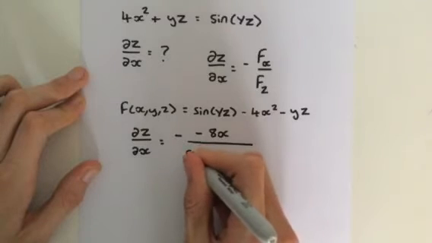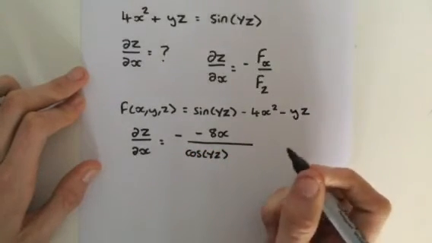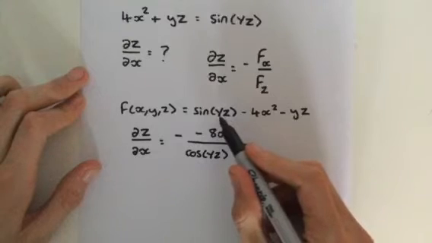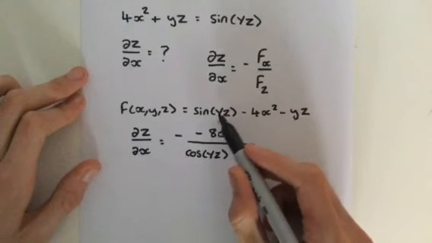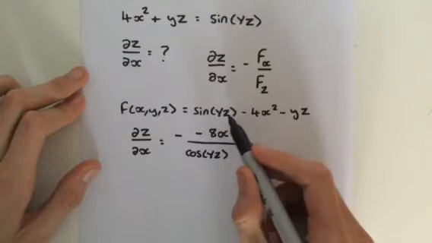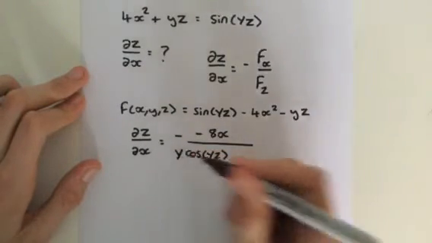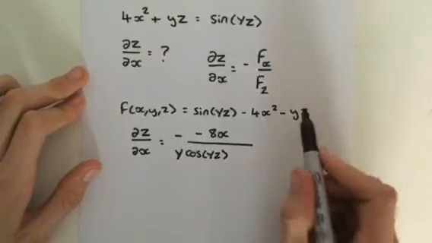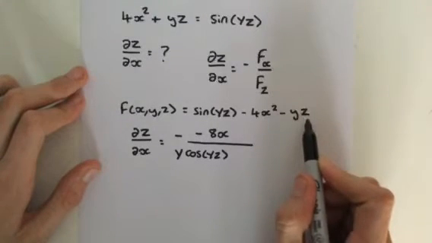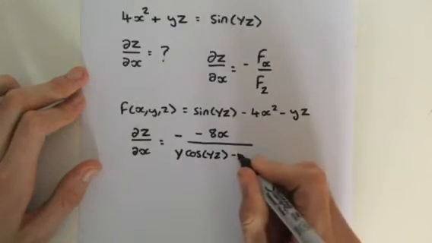So we're going to get the cosine of y times z. Now we multiply this by the derivative of the inside. So y is a constant, and we differentiate y, the constant multiplied by the variable. We're going to get the constant back. So we're going to get y times the cosine of yz. Then finally we differentiate yz with respect to z, and we're going to get minus y.